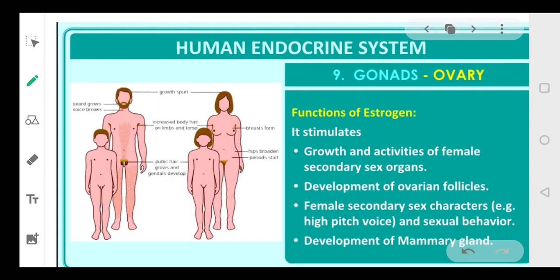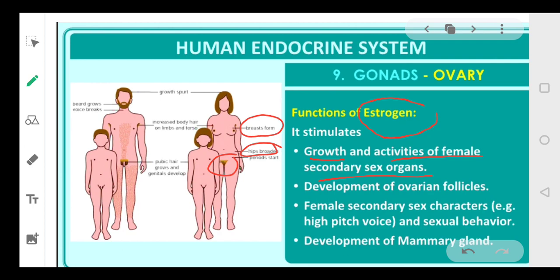Right. So coming to the functions of estrogen. Let's see the first function of estrogen. First of all, it brings about the growth and the activities of the female's secondary sex organs. As the girl matures, certain changes occur in the body of the female, like her voice becomes soft, there is a growth of pubic hair, the hips become broad, there is a development of the breast.